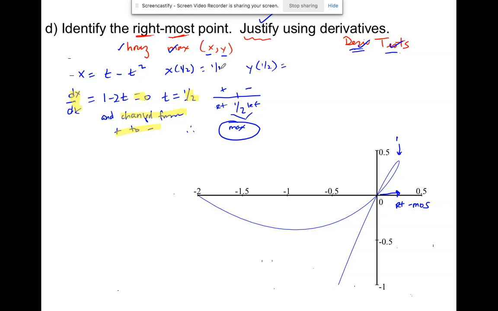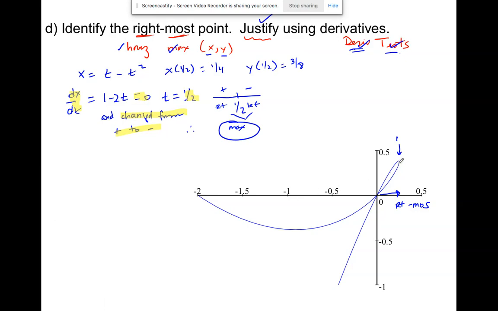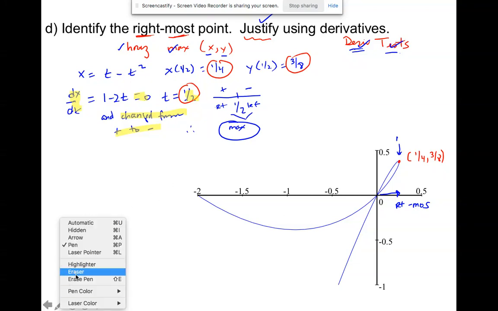And I did. So I have the point at time equals 1/2 when my particle is the furthest right. Looks to me like it is also the furthest up at that point too, but they didn't ask me that.